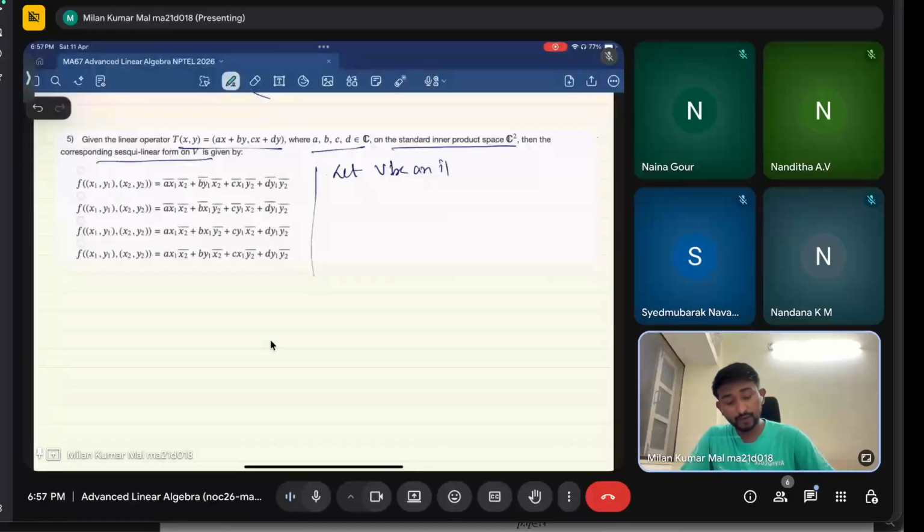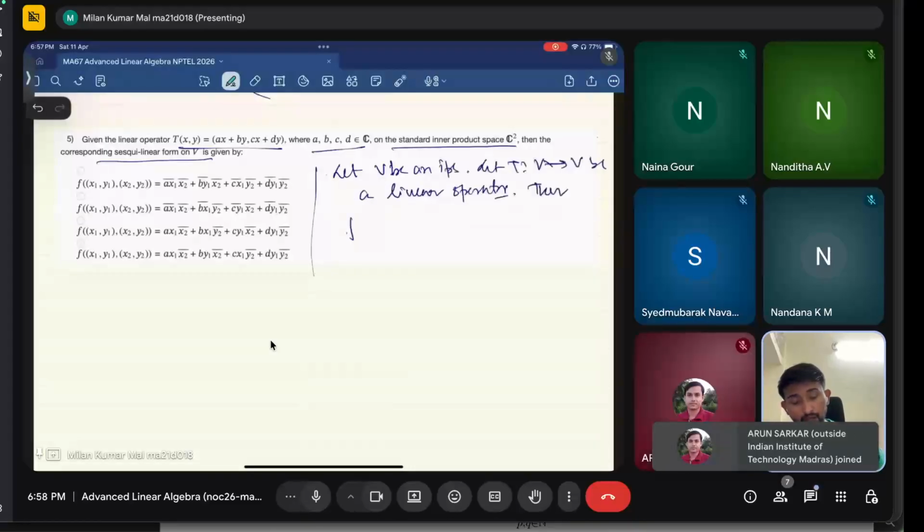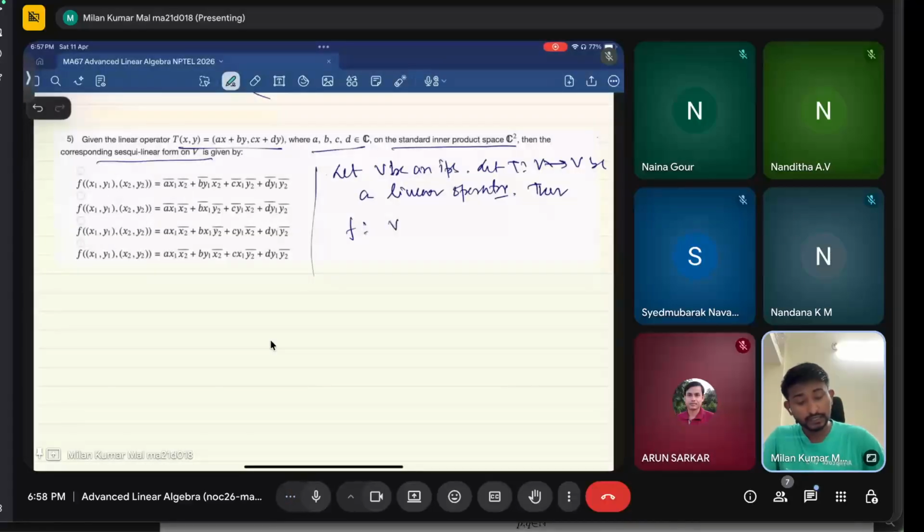Then a map f from V cross V to the field F defined by f of (alpha, beta) equal to the inner product of T alpha with beta is actually a sesqui-linear form.